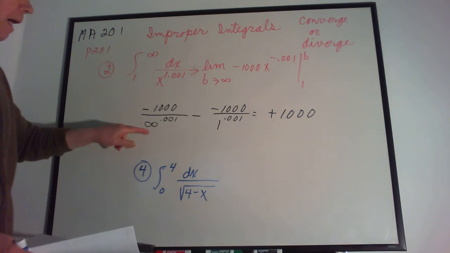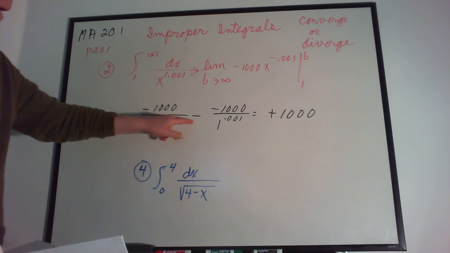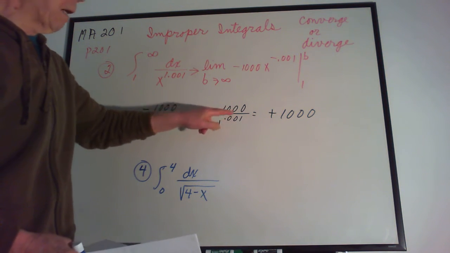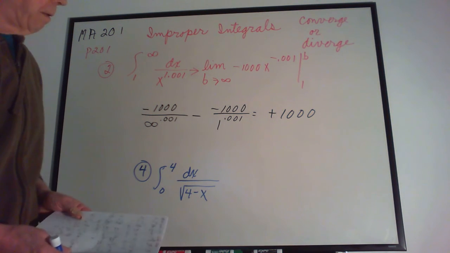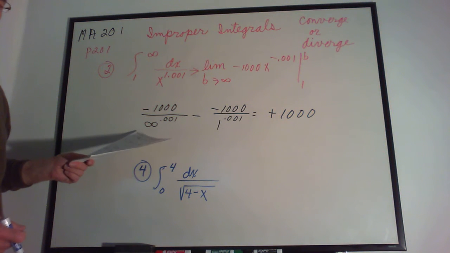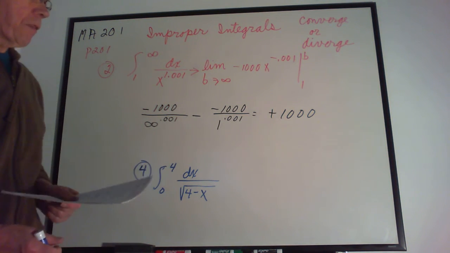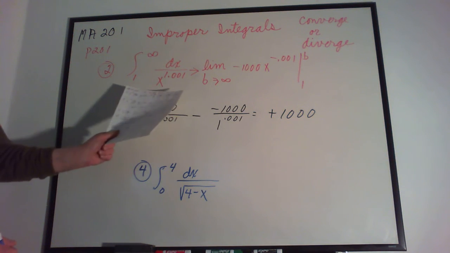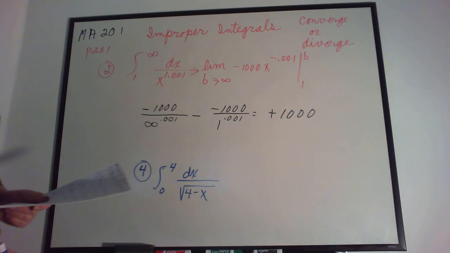So it's negative 1,000 over infinity raised to 0.001 minus negative 1,000 over 1 to 0.001. This is going to give you 0. Take a while, but it'll give you 0. This will end up equaling 1,000. So the area under this is going to be 1,000. The answer for this problem is 1,000. Now try number 4.